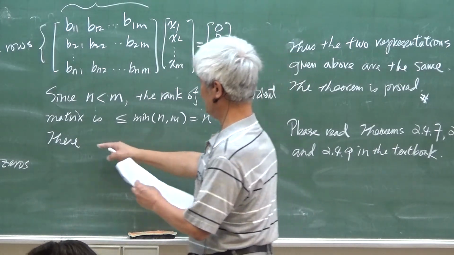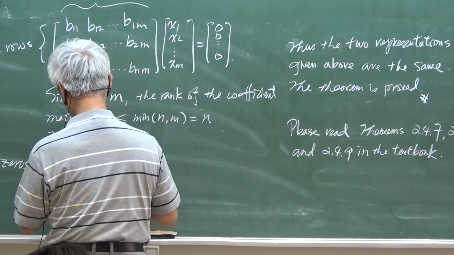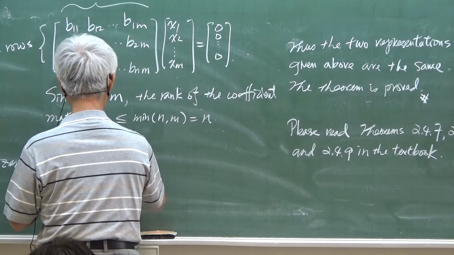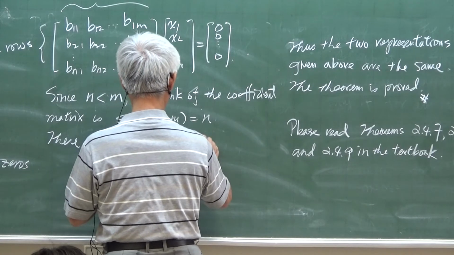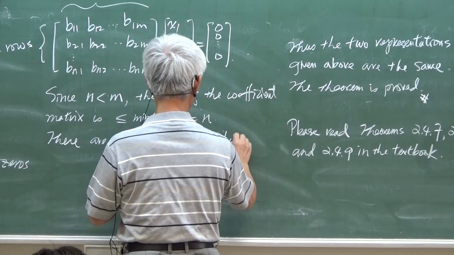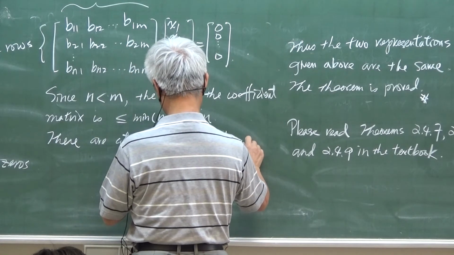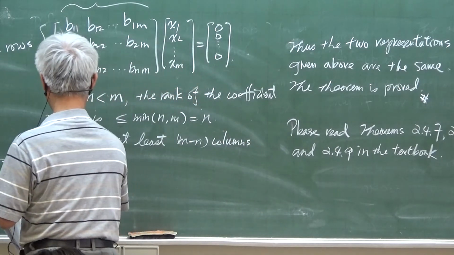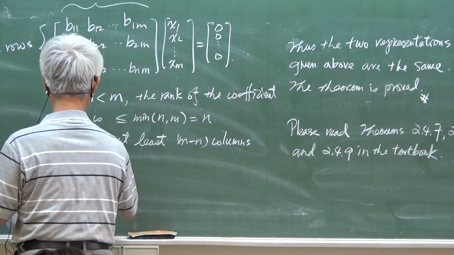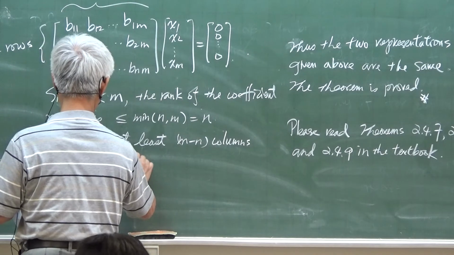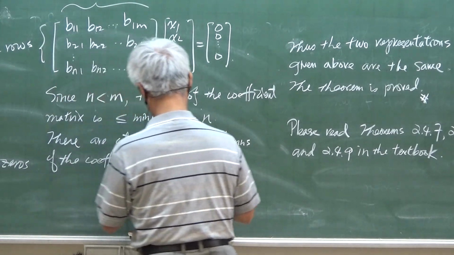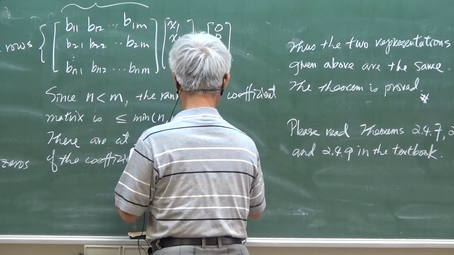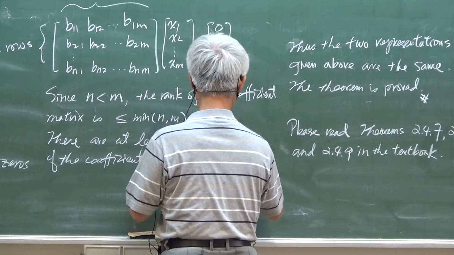Right? So let me write it down. So there are at least m minus n columns of the coefficient matrix without a pivot.